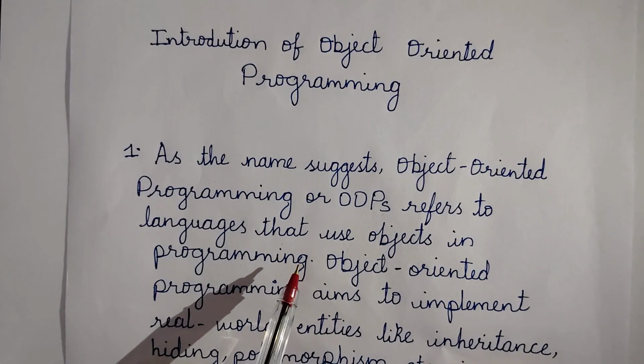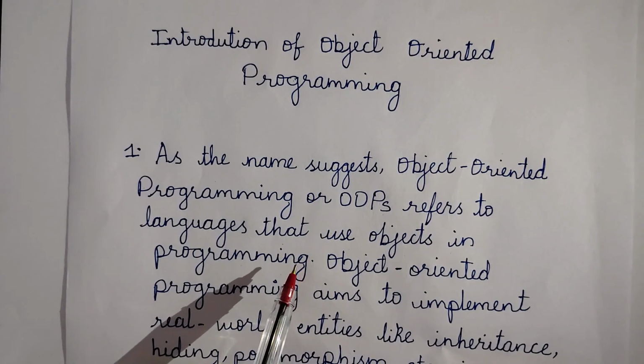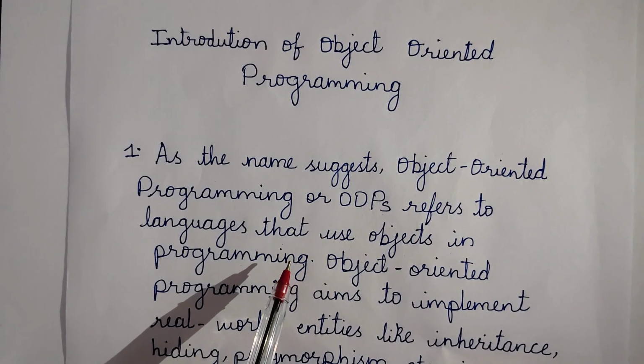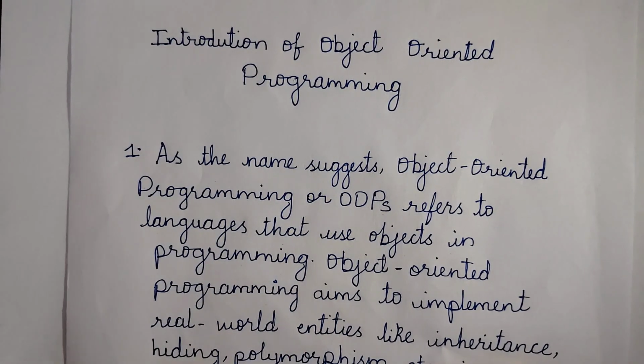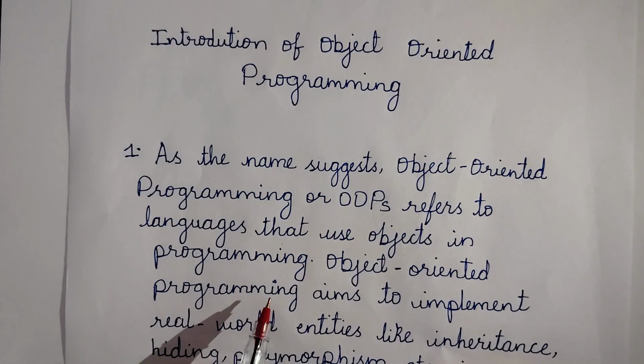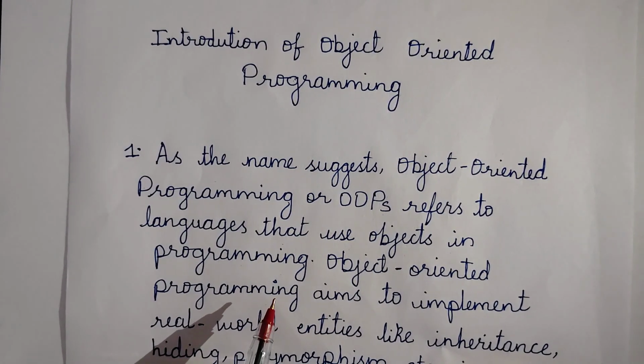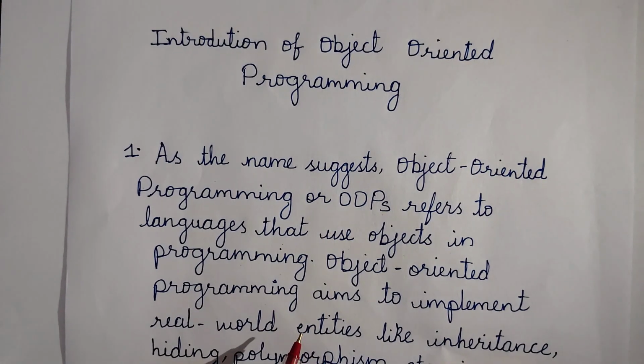If we use the same object-oriented programming concepts in C++, then it is known as object-oriented programming through C++. Similarly, if we use it in Java, then it is known as object-oriented programming through Java.